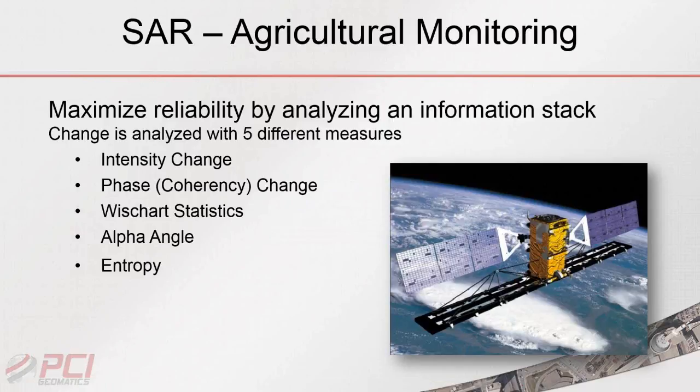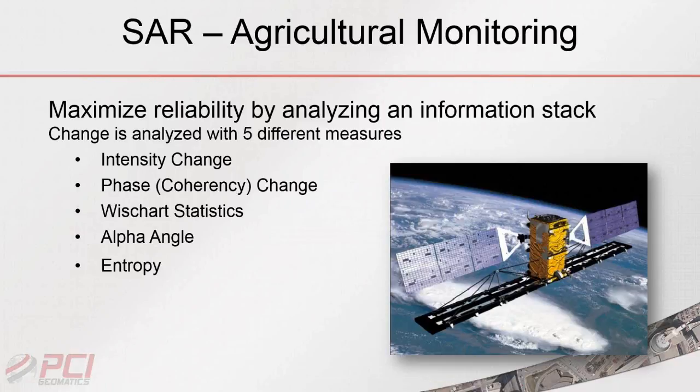We could look at the change in the phase, or this is the time element of the signal. So if there's anything on the ground that has caused a change on the ground, it will be reflected in the phase or the coherence. So if there's any moisture that's appeared that wasn't there before, or if there's any change in the crop stage, that's going to affect the time element or the phase element of the signal.